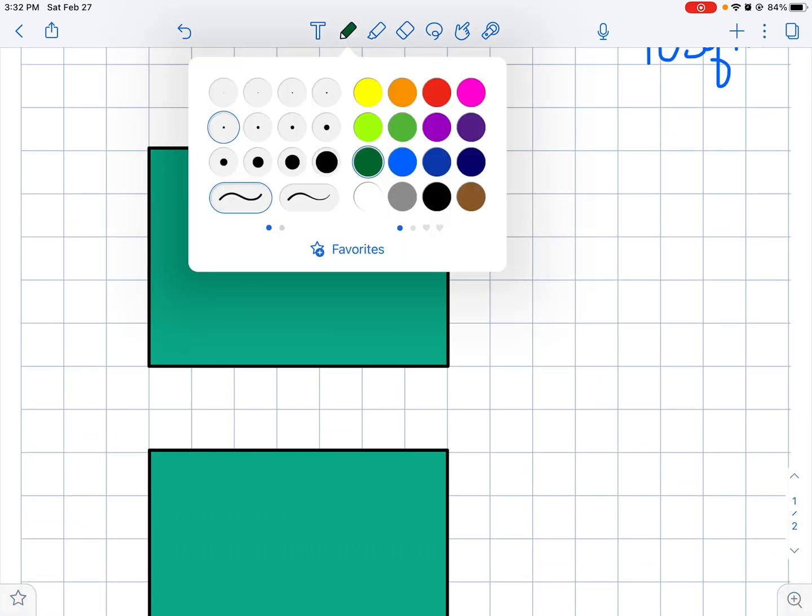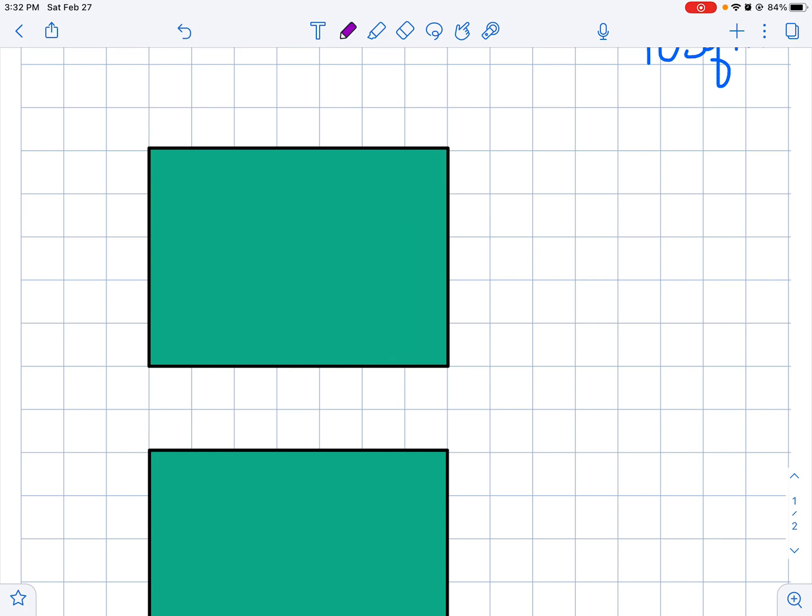Let's use some, well, we've got a lot of green. Let's use purple. Let's take a look at our left side. We've got 1, 2, 3, 4, 5. And our top, 1, 2, 3, 4, 5, 6, 7. And I didn't label, so let's make sure we label 7 inches and 5 inches. Now you might be saying, oh, I don't know my 7 times 5 fact.